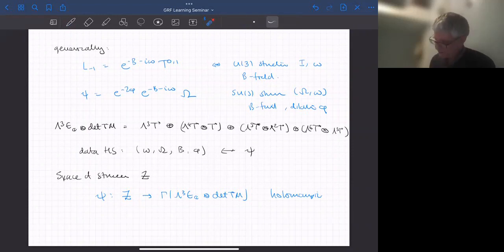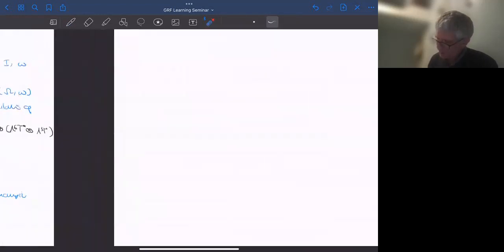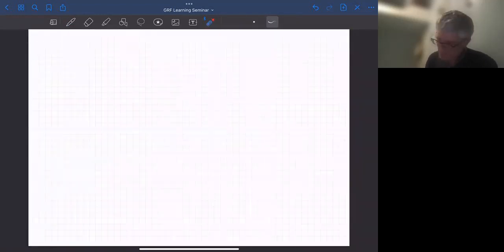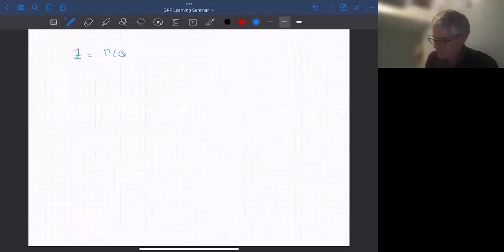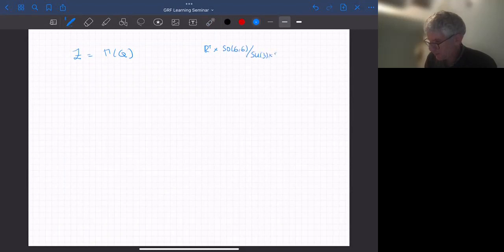Equivalently, you can think about the space of structures as being a space of sections of some bundle Q, where Q is a fibration of a particular coset space over the manifold.